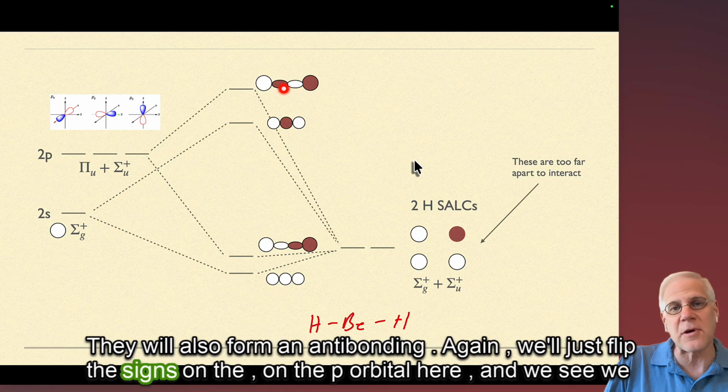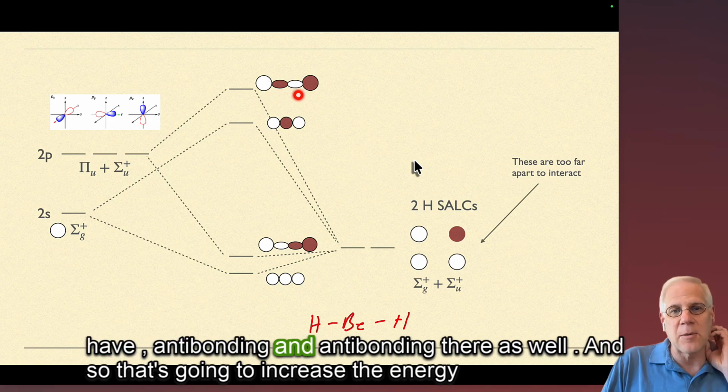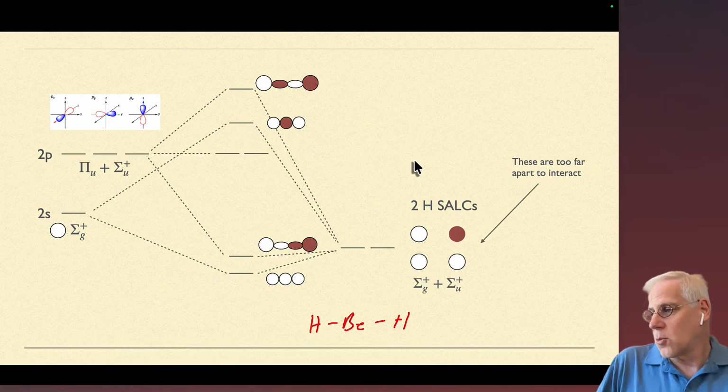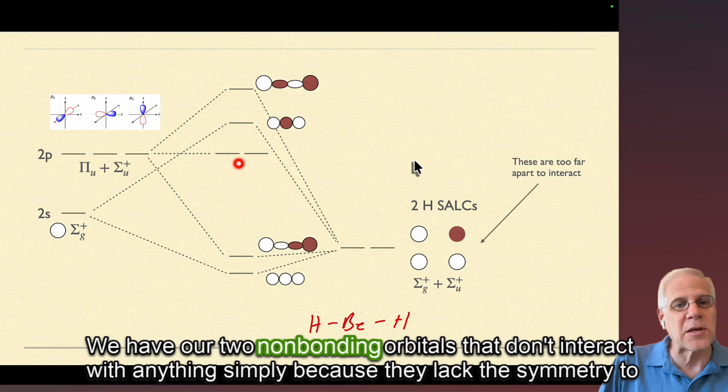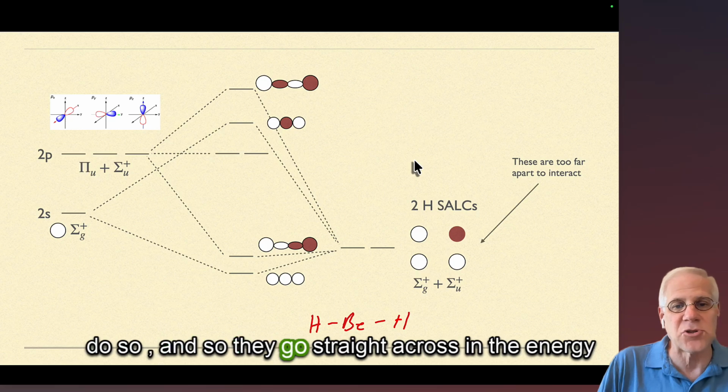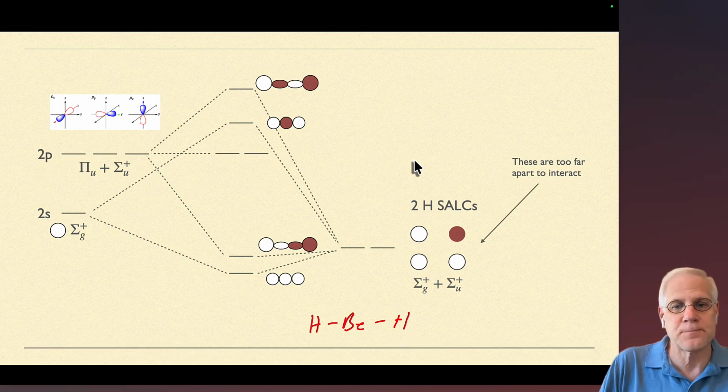Again, we'll just flip the signs on the p orbital here, and we see we have anti-bonding and anti-bonding there as well, and so that's going to increase the energy. We have our two non-bonding orbitals that don't interact with anything simply because they lack the symmetry to do so, and so they go straight across in energy.